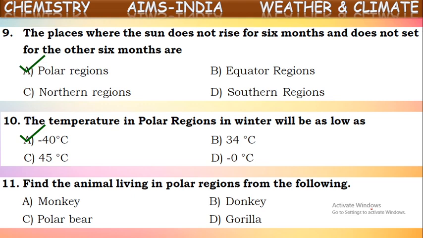So what you're asking, one of them they have given in the options, that is polar bear. It can survive in that area because it has adaptations to this climatic condition, like thick layers of fur and a layer of fat under the skin. So these will protect these animals from the cold conditions.